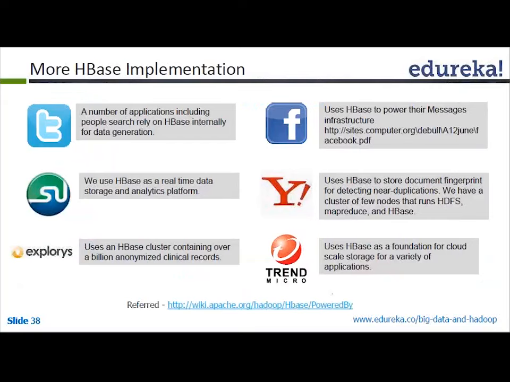Explorys uses an HBase cluster for storing and analyzing billions of anonymized clinical records. Yahoo uses HBase for document fingerprinting to identify duplicates. The antivirus company Trend Micro uses HBase for cloud-scale storage for a lot of different applications. Like you have Hadoop powered by, you can also look at HBase powered by and get the list of organizations and how they are using HBase, guys.